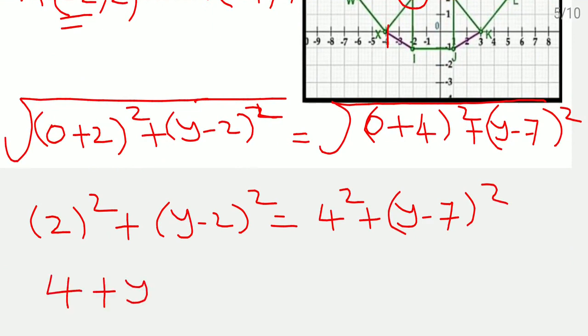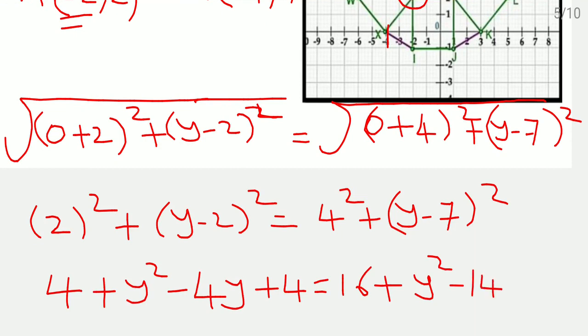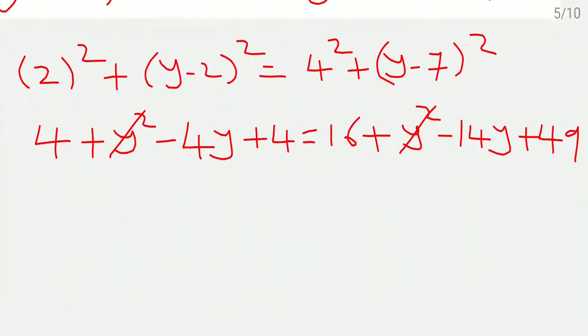We'll expand now. 4 plus y squared minus 4y plus 4, which is equal to 16 plus y squared minus 14y plus 49. The y squared and y squared will cancel from both sides. Then here minus 4y, from that side we bring 14y here, so it becomes positive, which is equal to 16 plus 49.